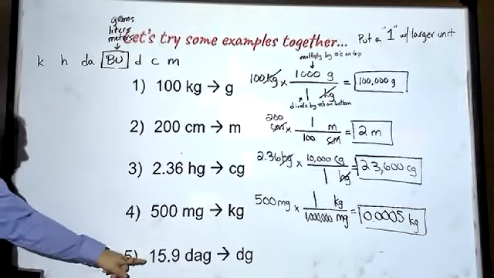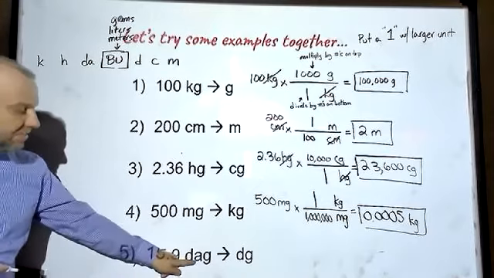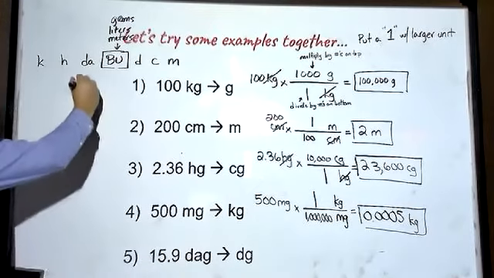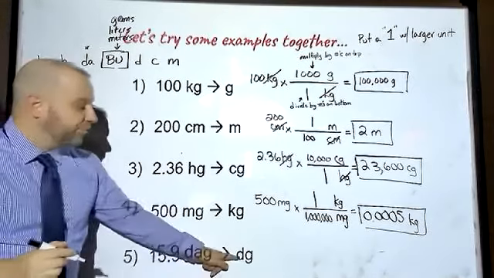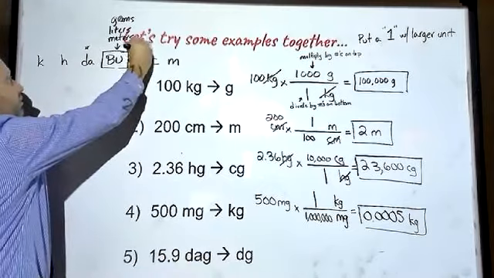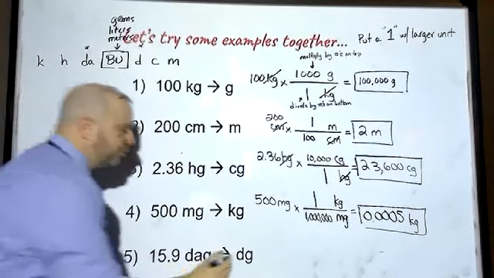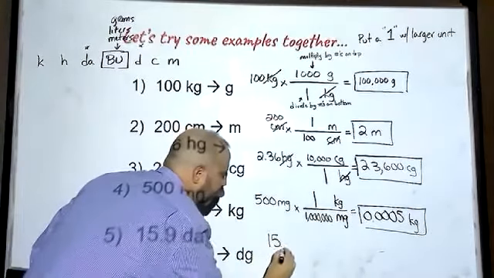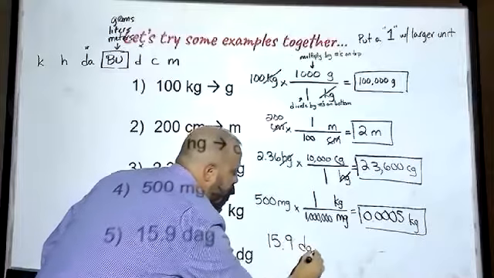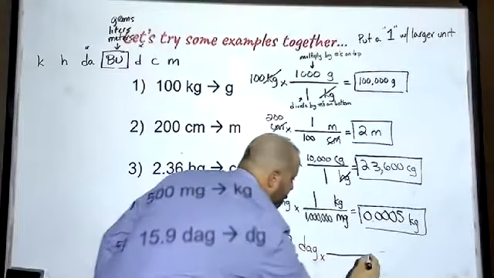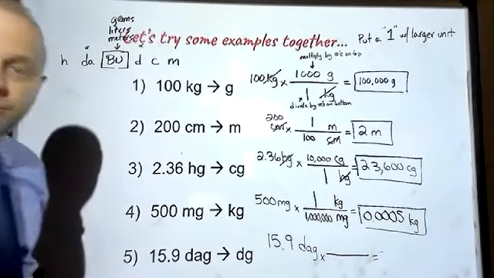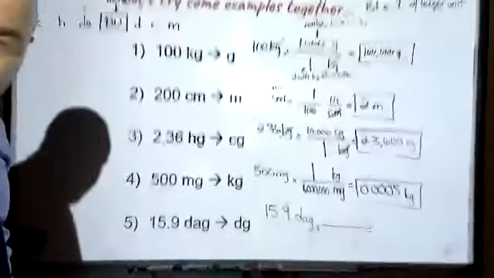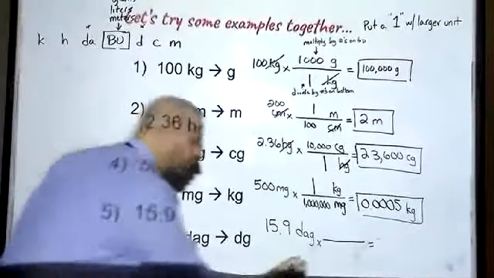Let's take a look at the last one here. So in the last one, we have 15.9 decagrams, DA, that's right here. And we're going to decigrams, which is right here. So we're going to start off, we have 15.9 decagrams. We want to get rid of the unit of decagrams, so decagrams is going to go onto the bottom. I'm just going to move this down a smidgen.